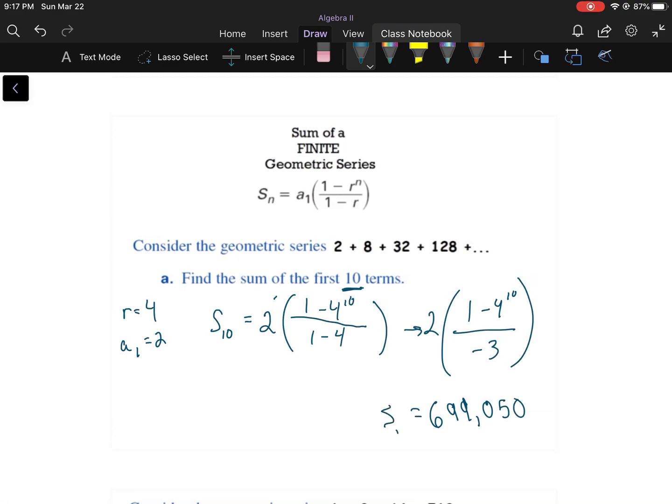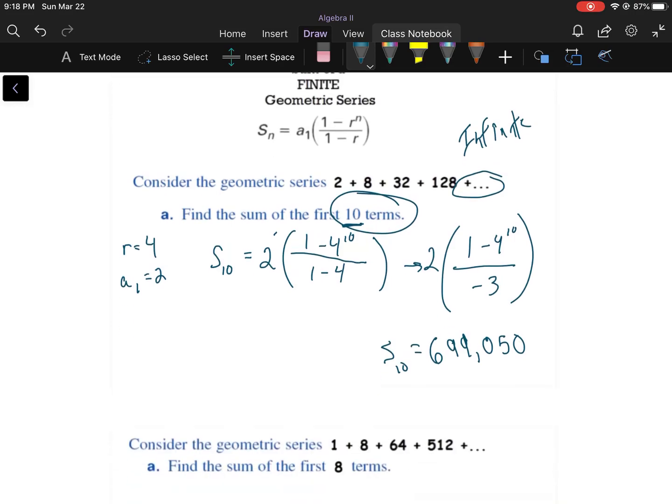And that would be the sum of the first 10 terms in this geometric sequence. Now, these can get really big because, again, it's exponential growth. You're trying to add together a bunch of really big numbers. But, Mr. T, it says that it's got dots, so it's infinite. Well, it's not because we're cutting it off at the first 10 terms. And we can find the sum of those first 10 without actually figuring out what those first 10 numbers are.